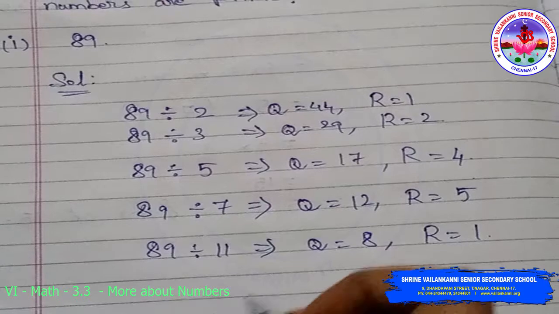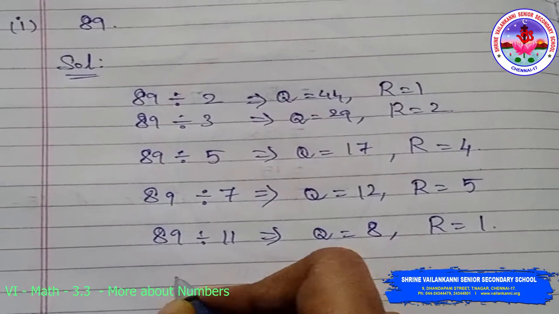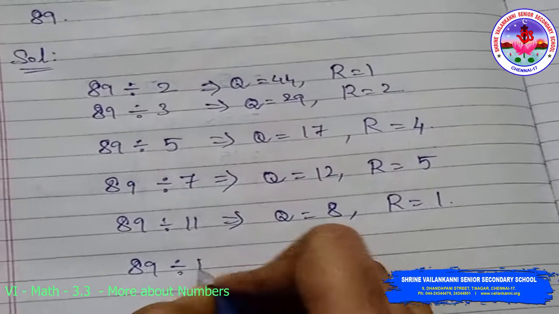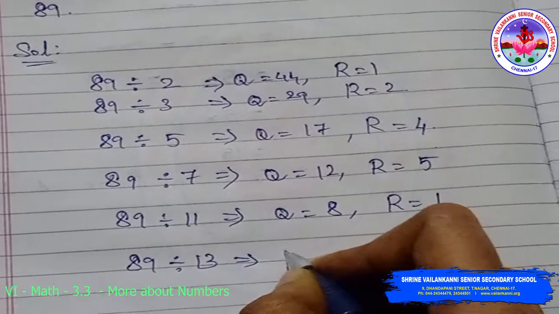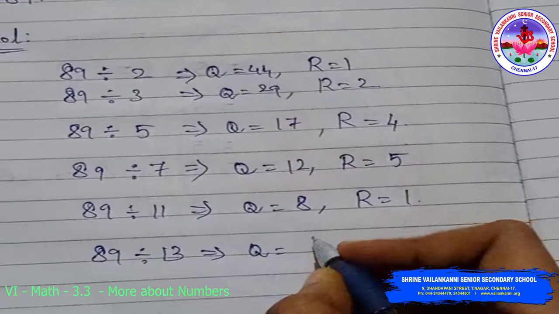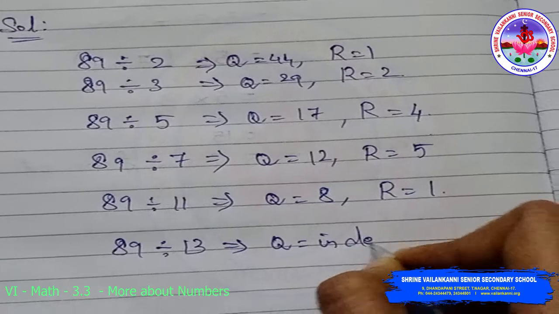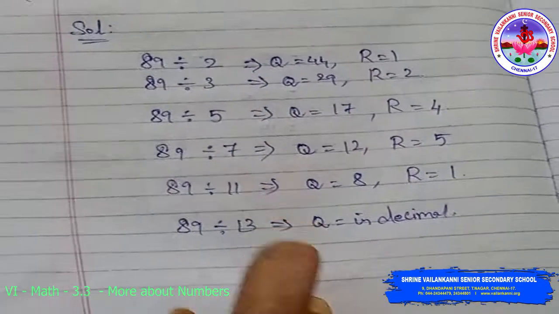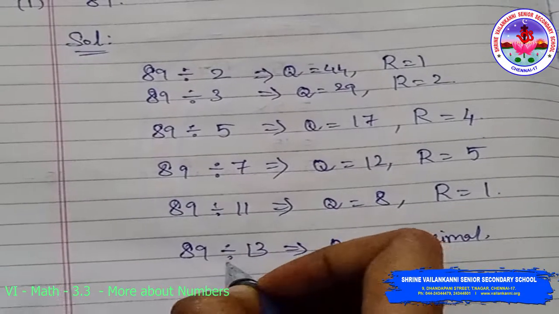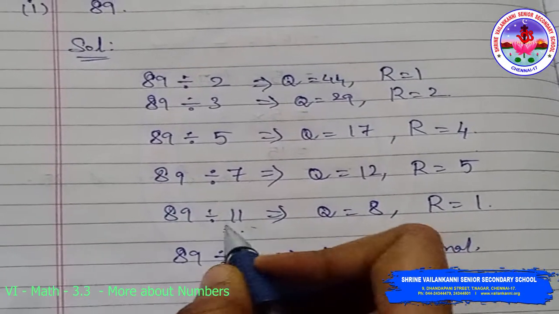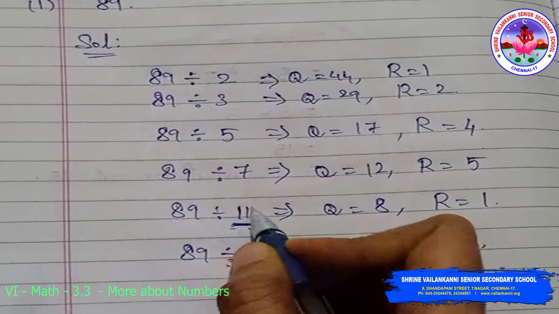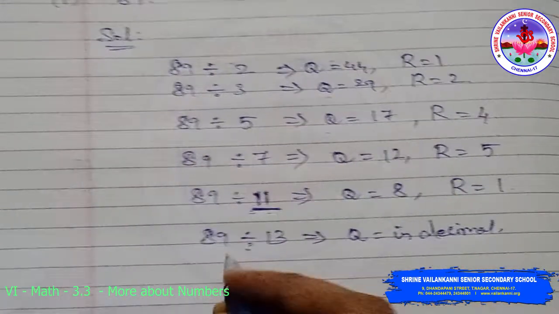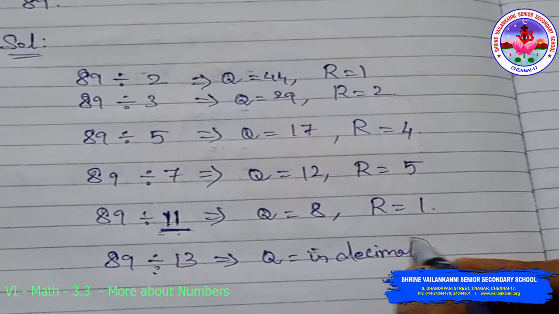The next, 89 divided by 13, the quotient is in decimal, so 89 is not divisible by it. The largest prime number that helps is 11. Here 89 divided by 13, the quotient will be in decimal, so it is not included.